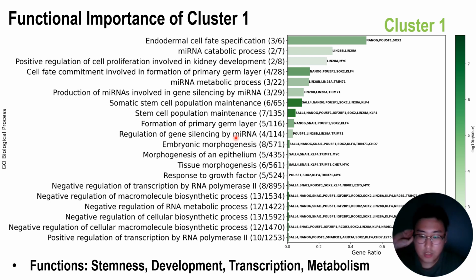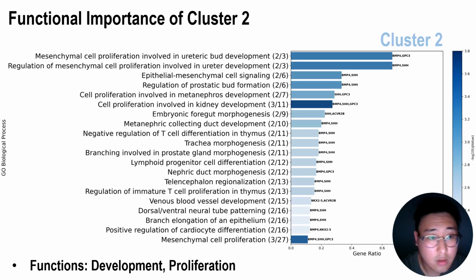So it is important that metabolism and transcription go hand in hand to regulate your young stage. So maybe miRNAs and small RNAs are important for aging. I don't know, probably.